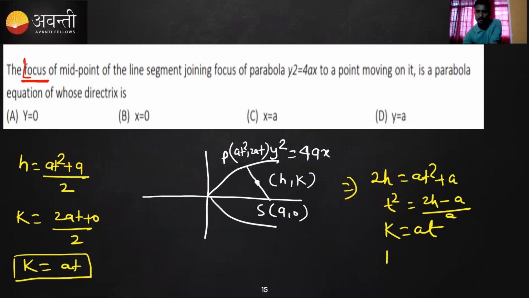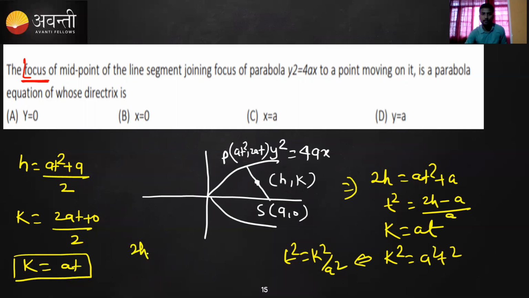From here you can write k square is equal to a square t square. So from here you can write t square is equal to k square divided by a square. So from here what we are going to do, we have to equate this t square and this t square. So what we will get, 2h minus a divided by a is equal to k square by a square.